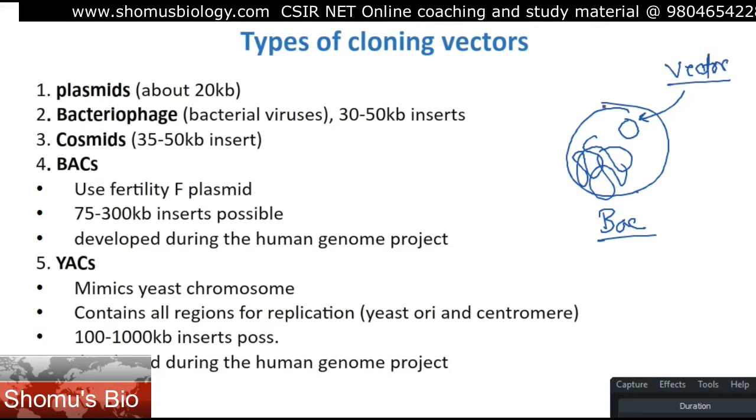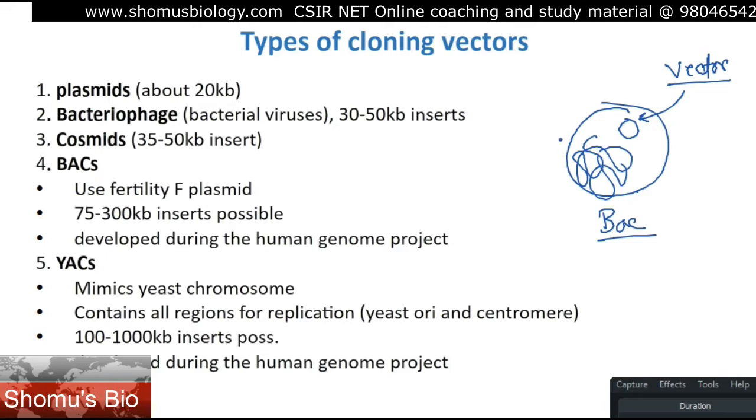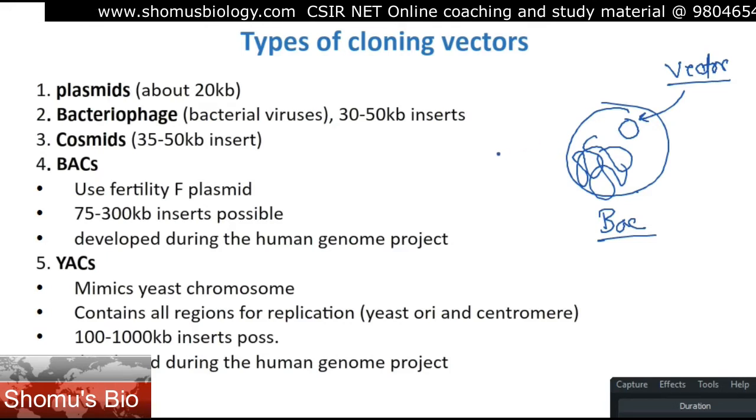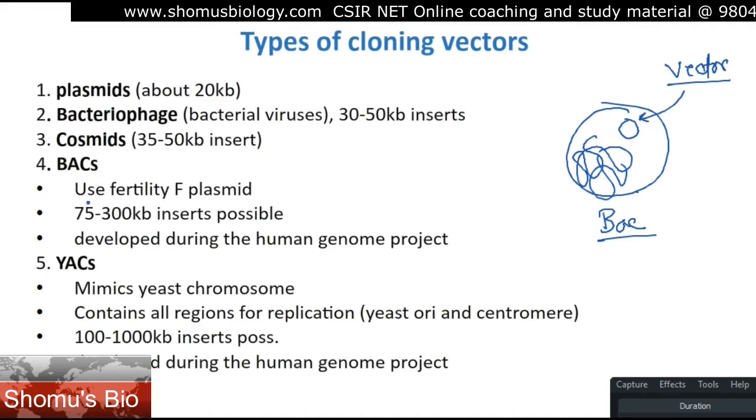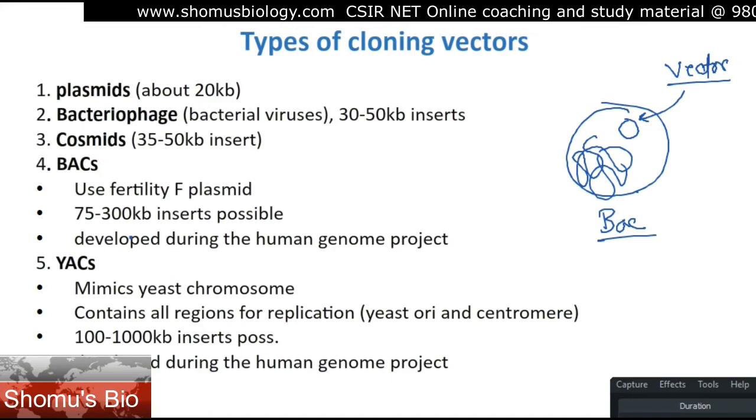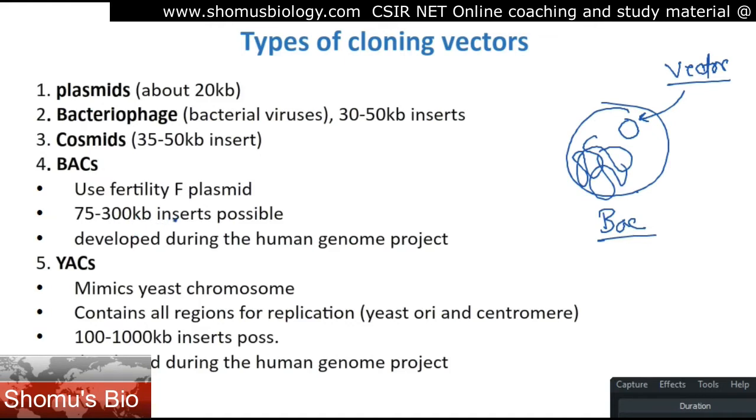Usually we take plasmids as a vector, a very good example, but there are also other examples: bacteriophage, cosmid, BAC, YAC. These are 5 separate types of vectors. We can talk about why we use them, their advantages and disadvantages, in detail.